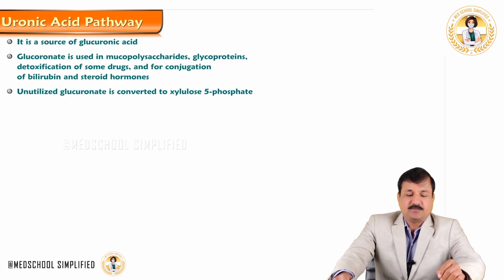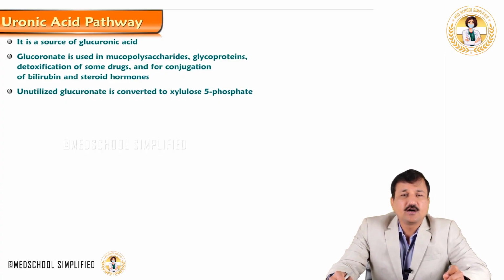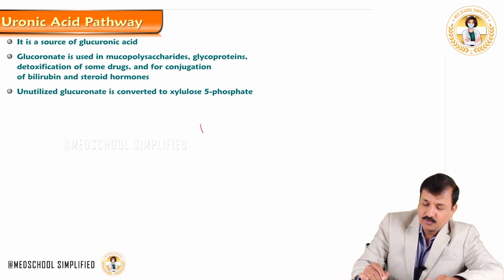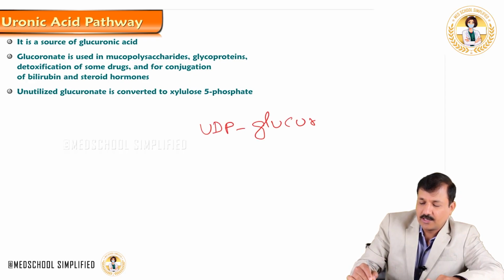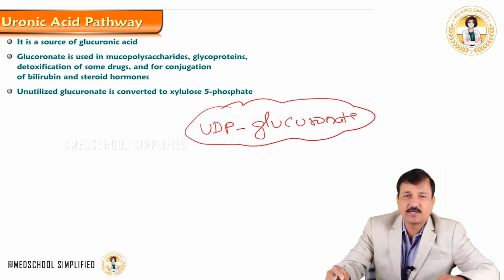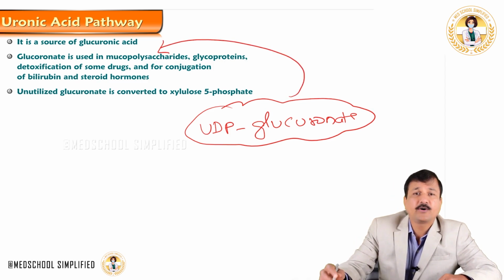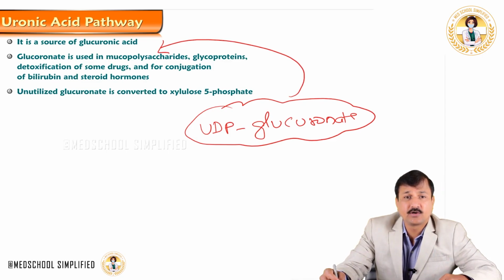Now, the uronic acid pathway is the formation of a molecule called glucuronic acid. You must have heard of glucuronic acid, which comes into the reaction as UDP-glucuronate. And note that this UDP-glucuronate molecule, which is an active form of glucuronate or glucuronic acid, is used in the synthesis of mucopolysaccharides like glycosaminoglycans.